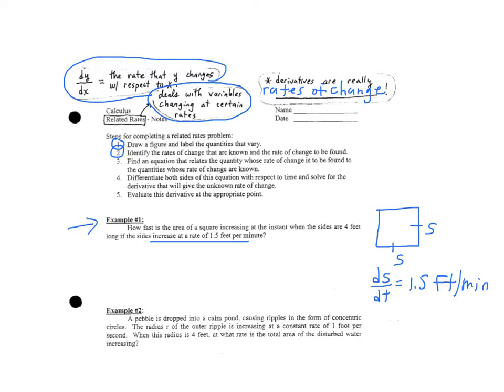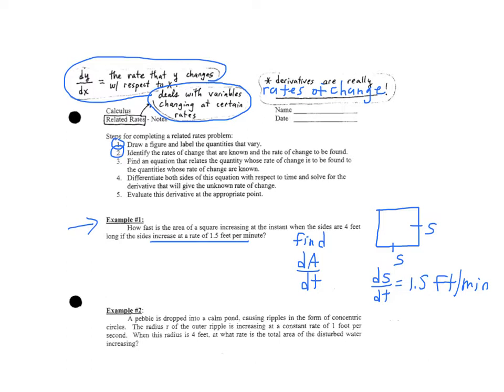We're trying to find how fast the area of the square is increasing. We're going to get in the habit of writing out what it is we're trying to find. So we're trying to find dA dt. Capital A stands for area. So that's the rate at which the area of the square is increasing with respect to time. Imagine the square getting bigger and bigger, starting off really small and then increasing in size.